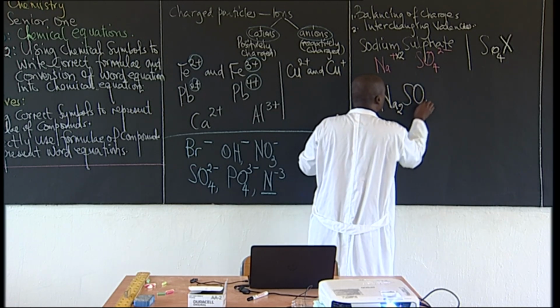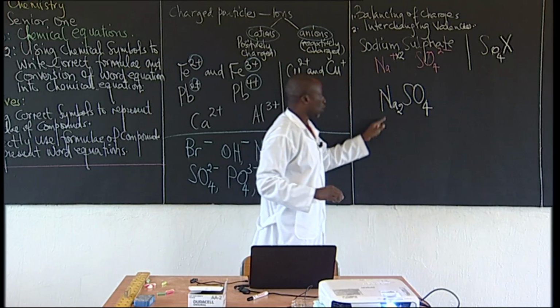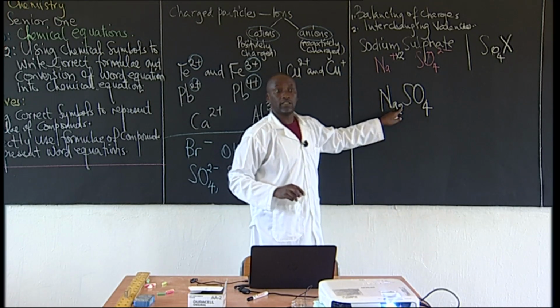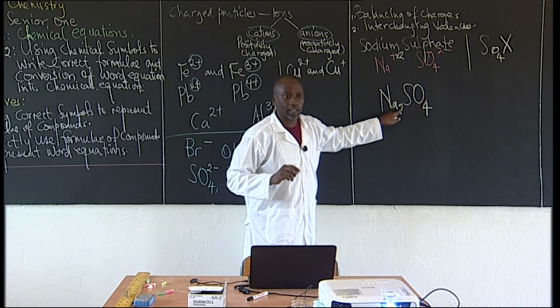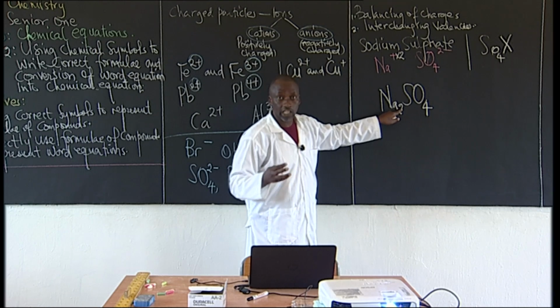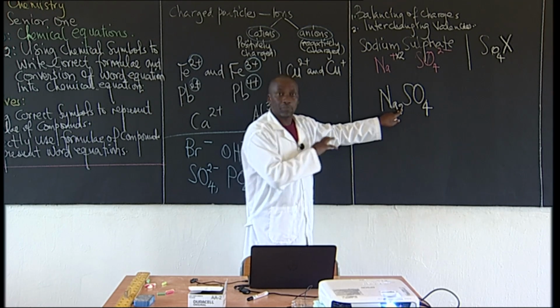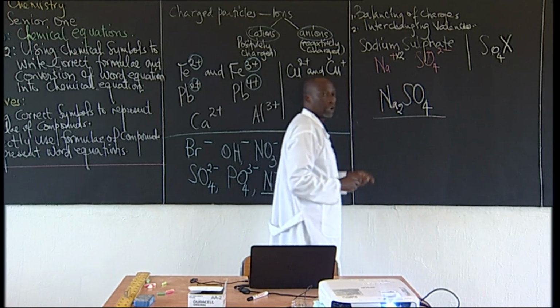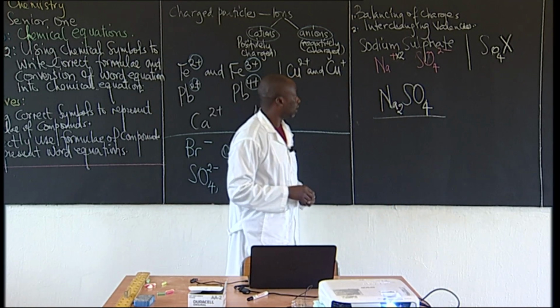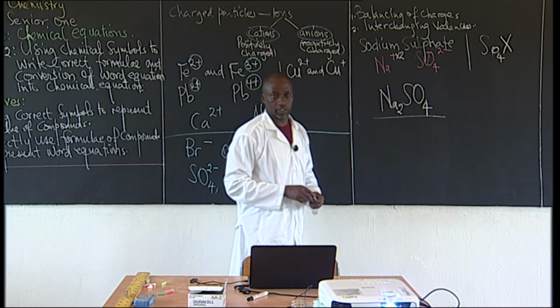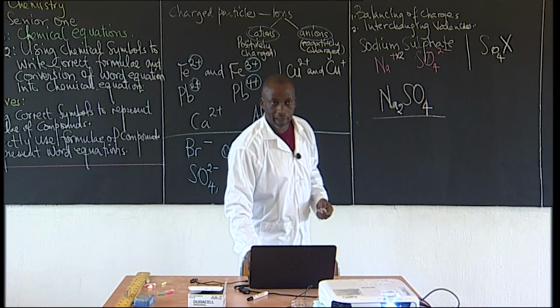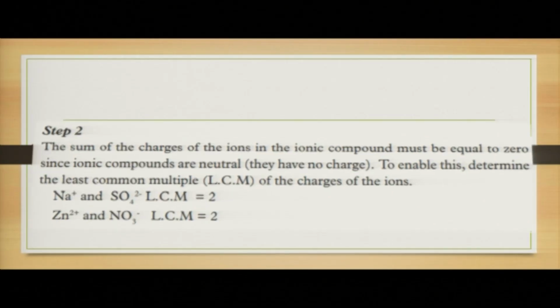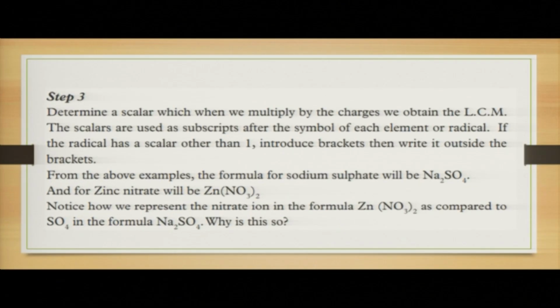So when we do like this, the charges will be balancing. And this one will represent the correct formula of the sodium sulfate. Make sure the charges are balancing by looking for the correct formula. Something very important.